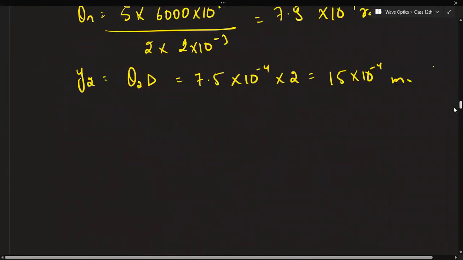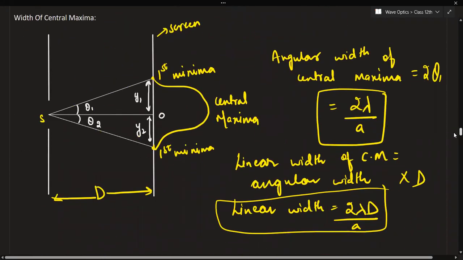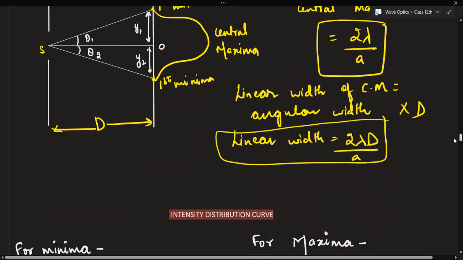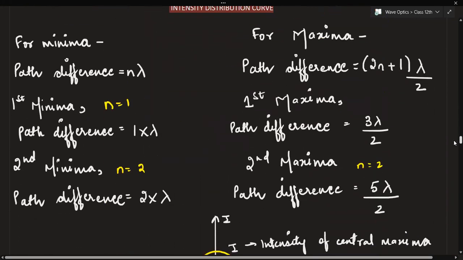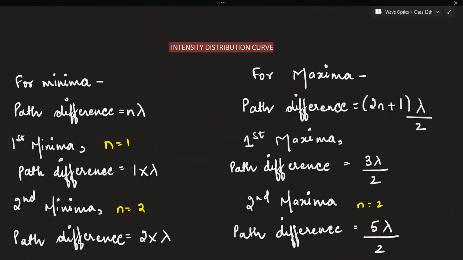So all this we have completed. This numerical we did, and width of central maxima. This also we have completed. Yes, the intensity distribution curve is left. So intensity distribution curve we did, remember, for interference as well.